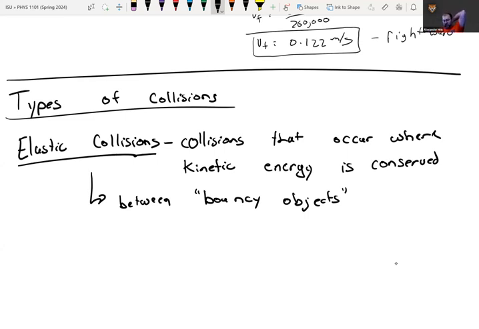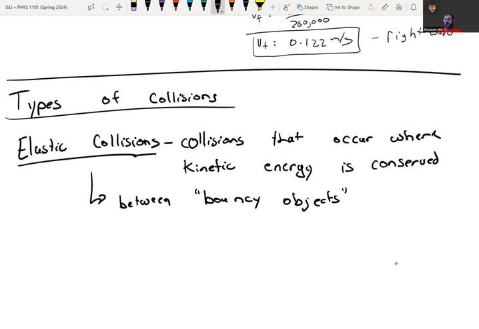Now, a question I often get is, okay, but you never really get kinetic energy to be conserved. In general, that's true. Billiard balls are probably the closest you get in physics, and a lot of times when you have a kinetic energy problem, they'll frame it as a billiard ball problem. But you would be surprised how often this actually works. A lot of collisions at an atomic level are basically elastic.